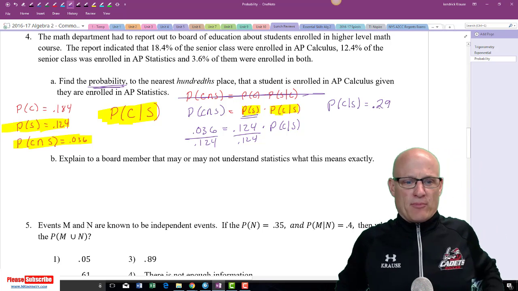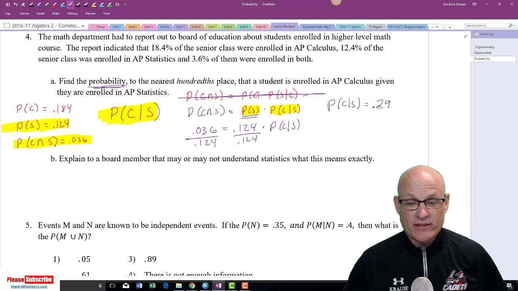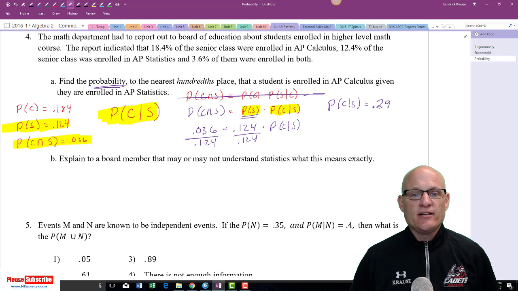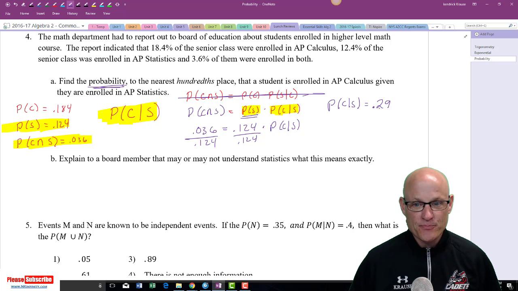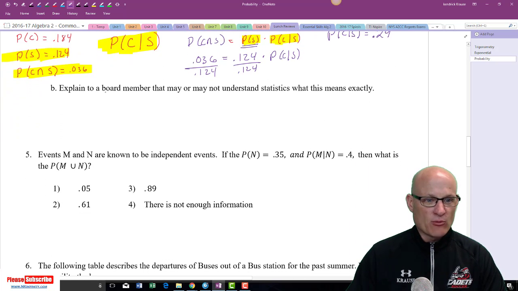Explain to a board member that may or may not understand statistics what this means. Well, what this means is there is a 29% chance. Let's write it out. Let's see if I can write this neatly.